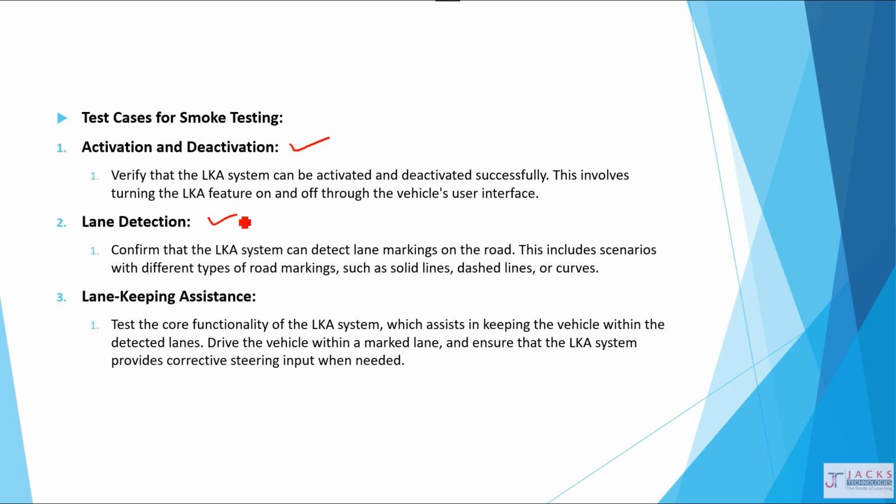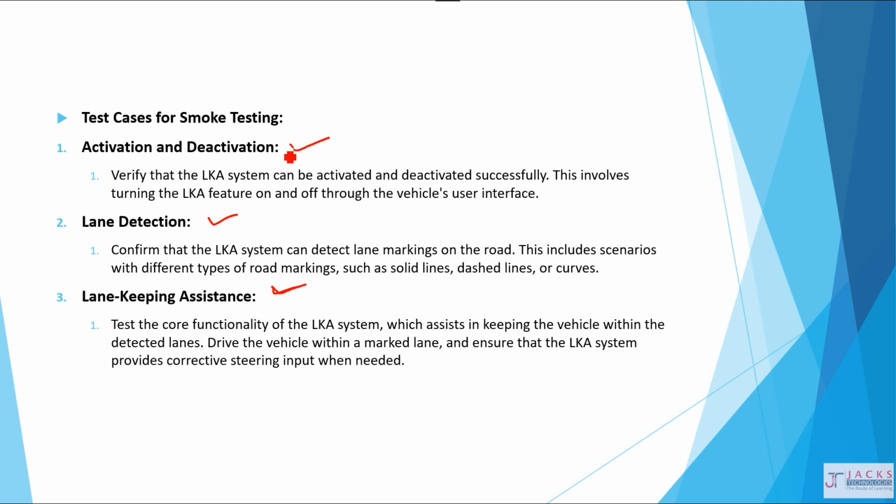Now, is lane detection happening properly or not. Then lane keeping assistance: test the core functionality of the lane keeping system, which assists in keeping the vehicle within the detected lanes. So if you are going on a straight road, is your vehicle going in the middle of both the lanes or not? Okay, that will be checked. They do only these core functionalities.